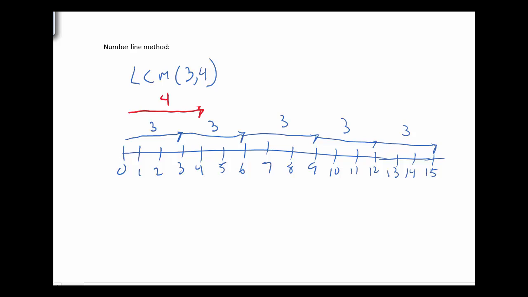So 4 would go to 4, and then it'd go to 8, and then it'd go to 12. Now notice, right there, they both hit the same spot, right? So I would say then that the smallest multiple of 3 and 4 would happen to be 12.